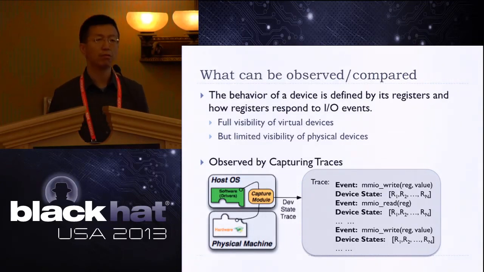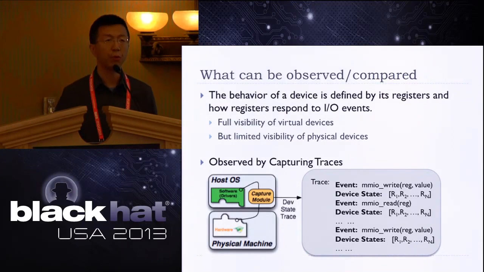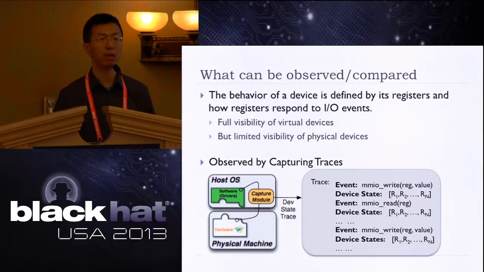From the software point of view, if you give the devices different I/O events, and the two devices give you the same corresponding register values, we consider them, at least from the software point of view, to be the same device.